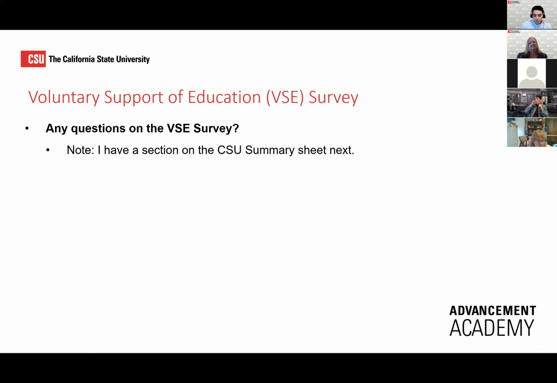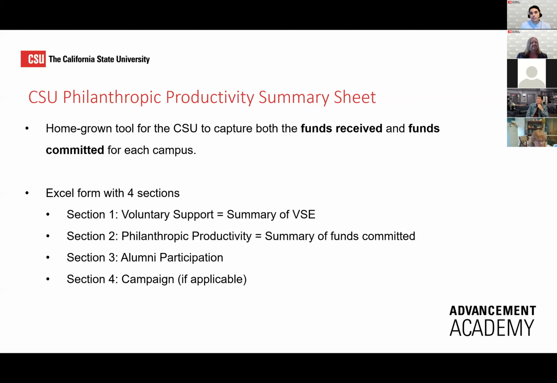All right. So moving on to our friend, the philanthropic productivity summary sheet, PPSS. And this is a homegrown tool that the CSU developed to capture, again, some of those funds committed that are not so well documented on the VSC.